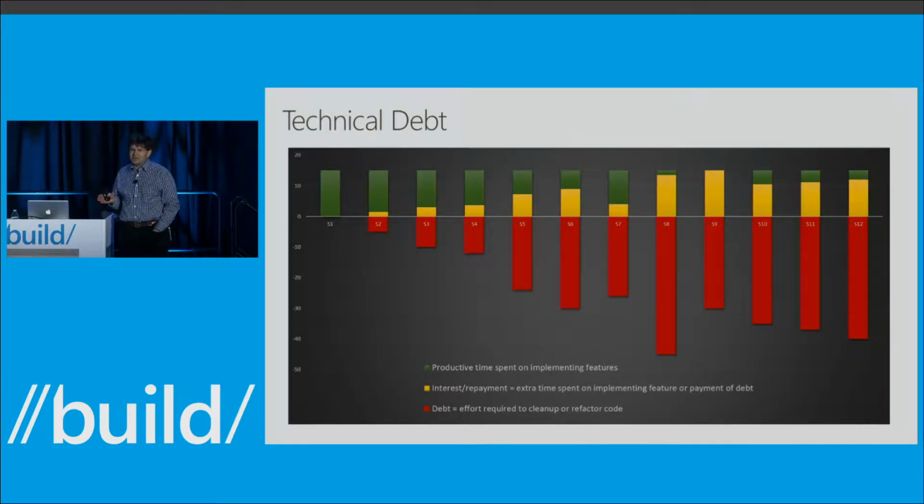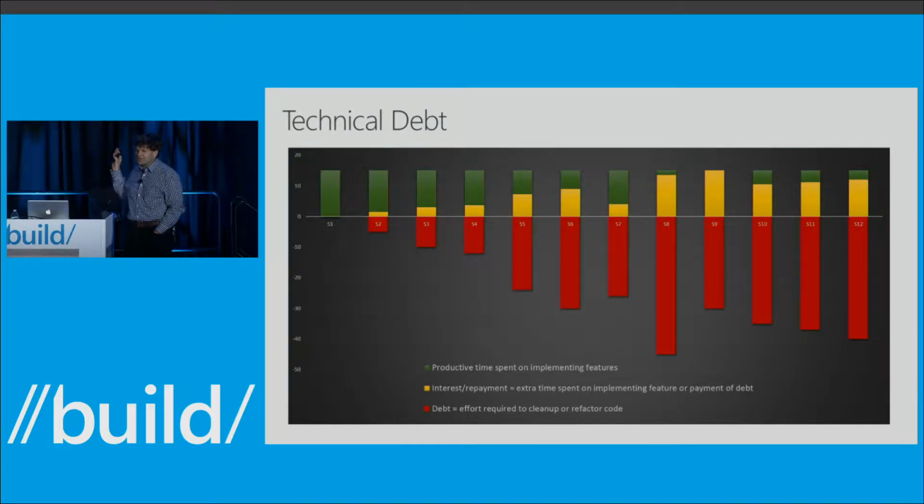And debt makes them go slower, which means instead of spending all their time on productively writing features, increasingly they spend time on having to get around the debt that's in their code, or paying back the debt. And that's the stuff in yellow.